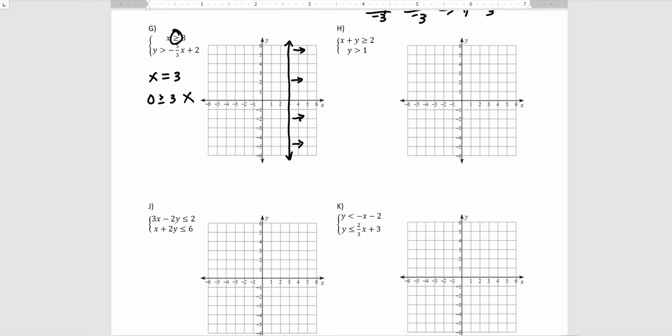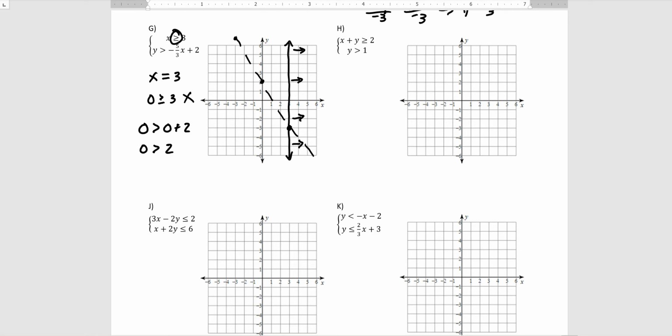Now looking at my second inequality here, y is greater than negative 5/3 x plus 2. Well, plus 2 is right here. Negative 5/3 would tell me down 5, right 3, up 5, left 3. That would take me just barely off. Solid or dash line here? That would be dash, since it's strictly greater than. Gorgeous. When I plug in 0, 0 is greater than 0 plus 2.